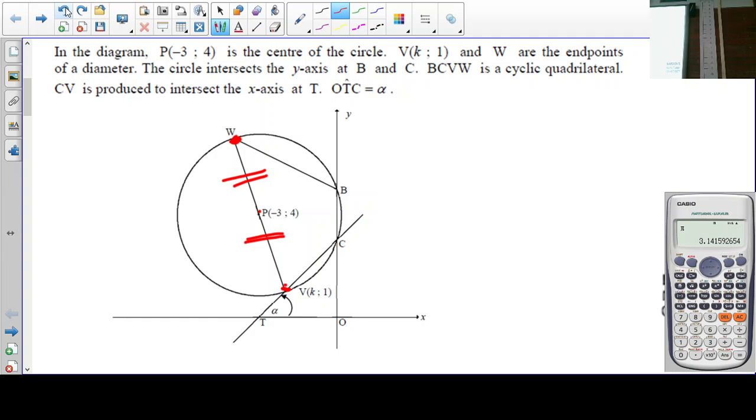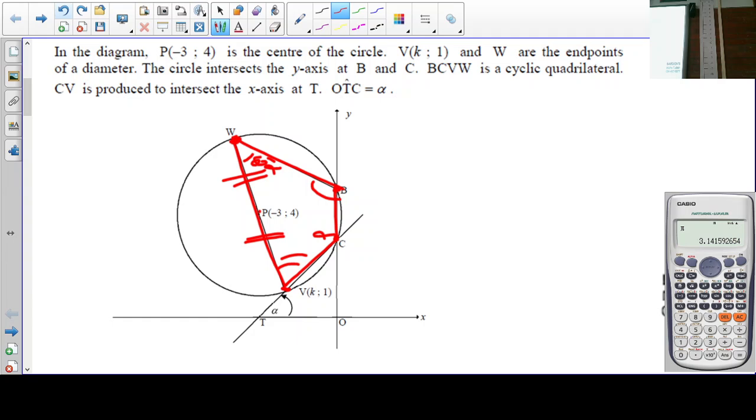Then the introduction tells us that the circle intersects the y-axis at B and at C. That's your y-intercept. What do you do for y-intercept? Let x equal to 0. B, C, V, W is a cyclic quad, which means opposite angles are supplementary, they add up to 180.